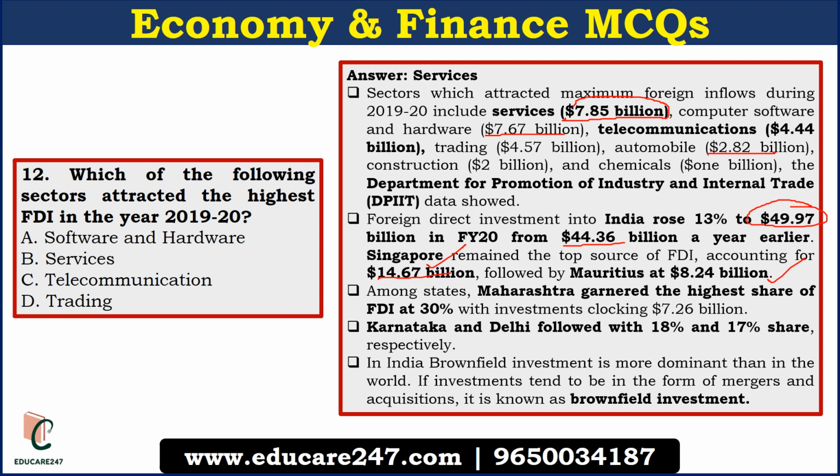Questions can be framed on those figures. Maharashtra generated the highest share of FDI, and that is 30% of the total FDI, that is 7.26 billion. Please remember these important points. Karnataka and Delhi attracted 18% and 17% share of FDI respectively. This figure is also very important. Please remember all the important data. I believe 5 to 6 questions can be framed with the help of these data.